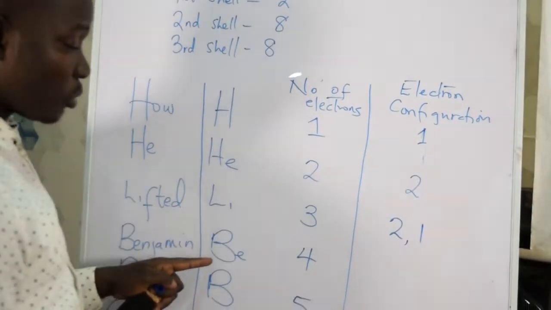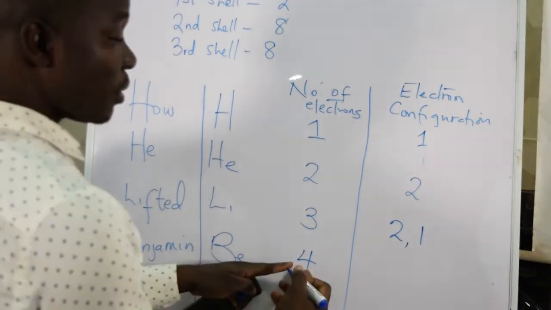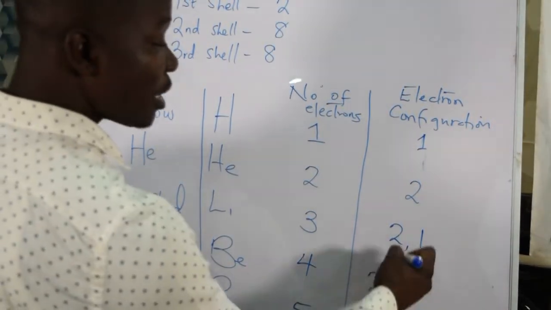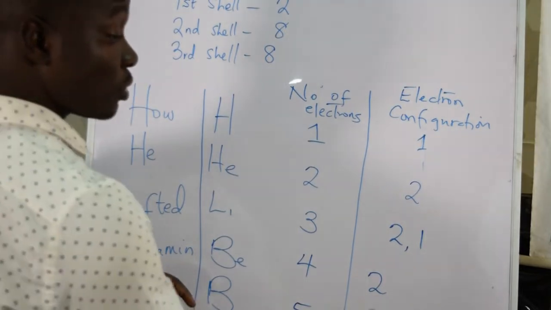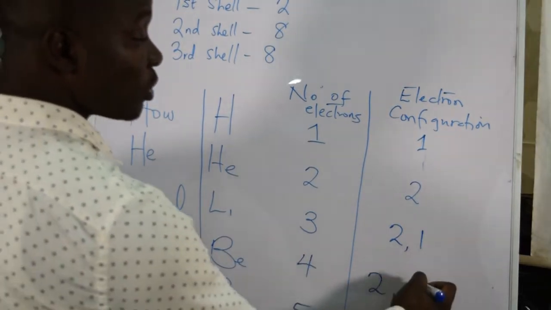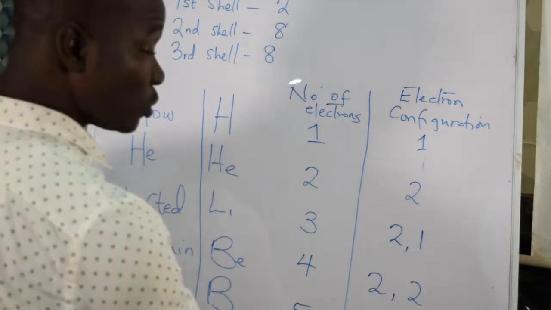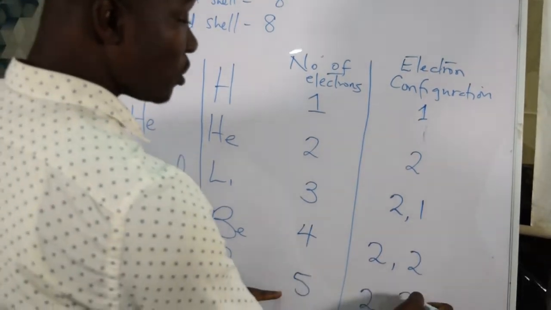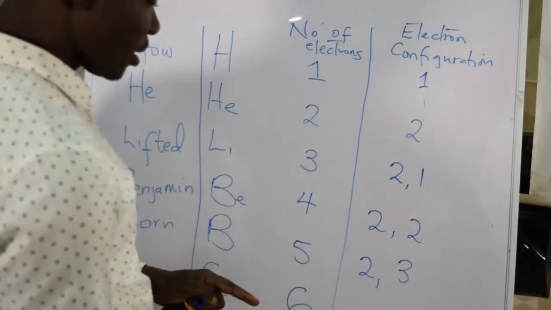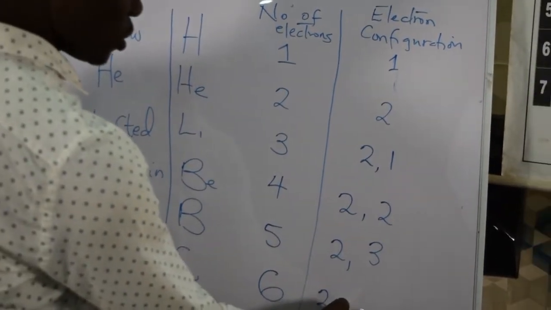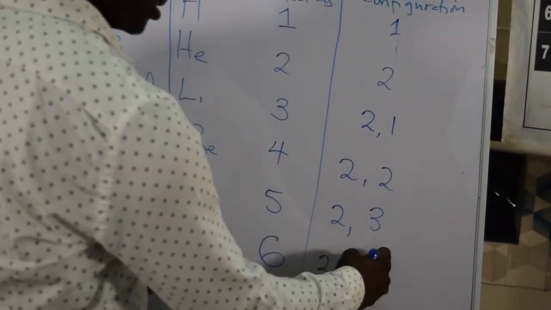When it comes to beryllium, the same procedure, element number 4. So the first shell takes 2 electrons, the second shell will take 2. When it comes to boron, 2, the second shell will take 3. When it comes to carbon, the first shell takes 2, then the second shell takes 4.